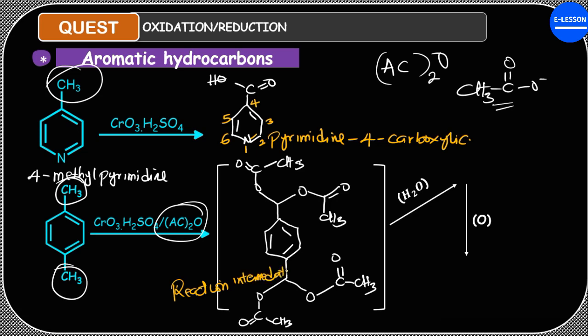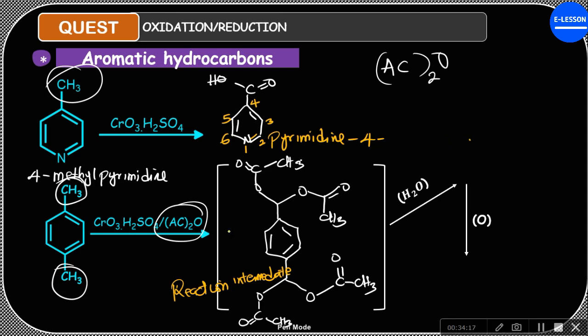Now when this reaction intermediate is hydrated, that means you pass it through water hydrolysis, it's going to give 2 products. First of all, it's going to give 1 product. So let me erase this and then write the product here. It's going to give something like this.